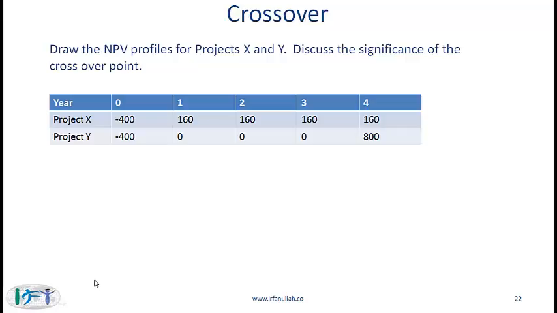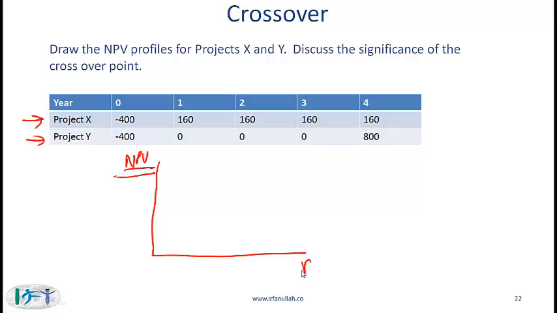What I want you to do now is the following. You are given two projects, X and Y. X is the one that we just worked with, and we also have project Y. I want you to draw the NPV profile for both projects. And just to get you started, here is the axis you need. NPV is always on the y-axis.